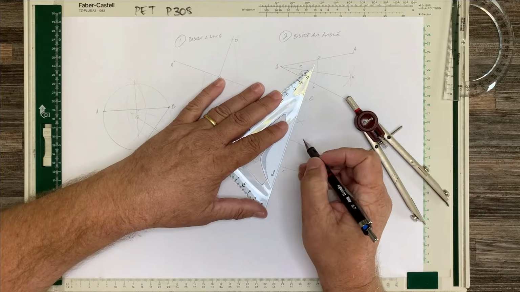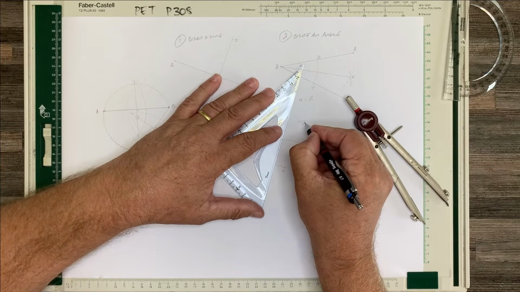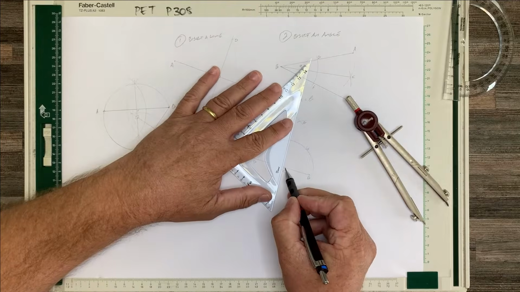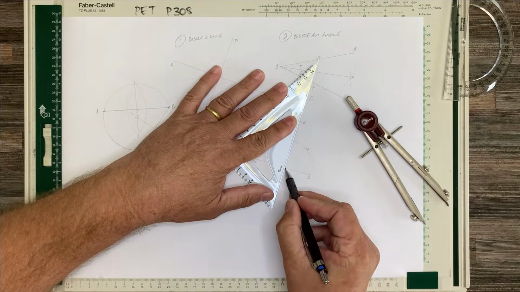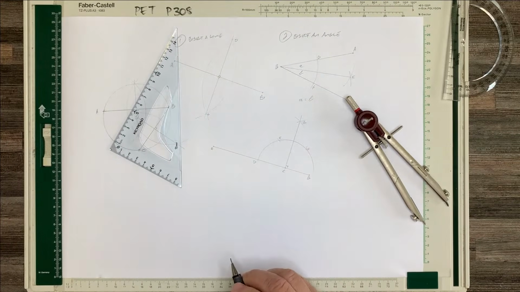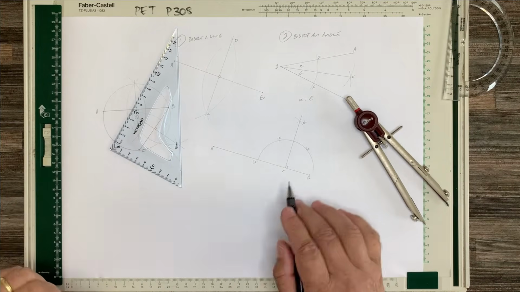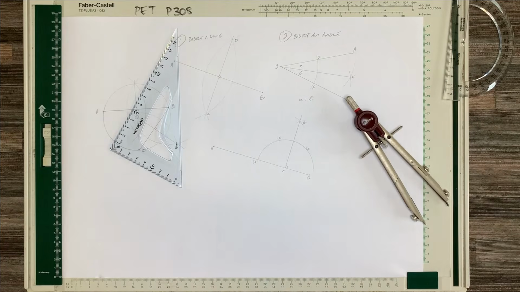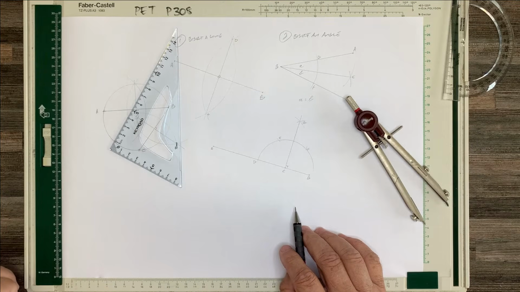Now if I had to connect to point G from point C, that would give me a perpendicular line from that point to C. So I've now constructed a perpendicular line from a point on a given line AB. All right.